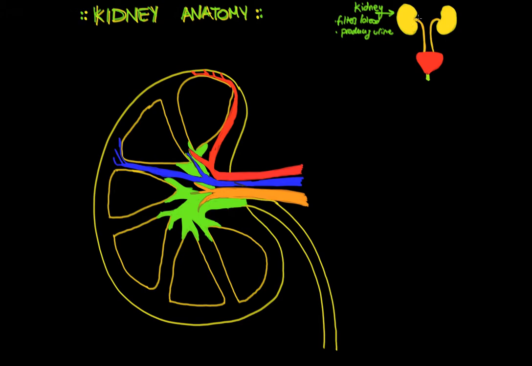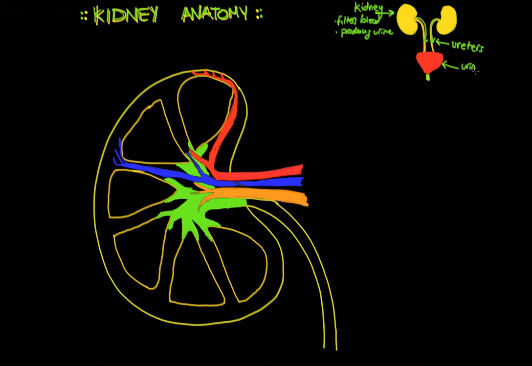So then let's move on to trace the path of the urine that the kidneys had just produced. And so this urine is then going to make its way down two sets of tubes, one tube coming out of each kidney, and these tubes are called the ureters. So the ureter is going to bring down the urine from the kidney and then deposit it and store it in the bladder.